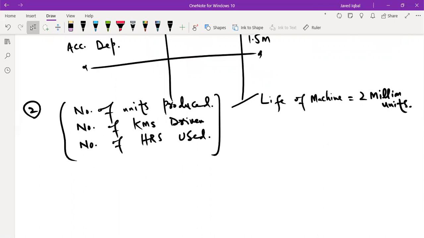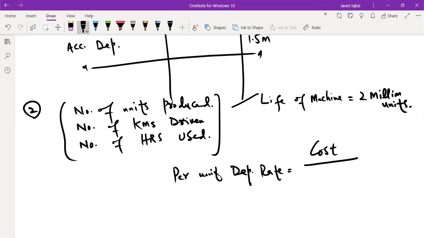So you can easily get the per unit depreciation rate when you have cost and number of units, kilometers, or hours, whatever you're using, right?